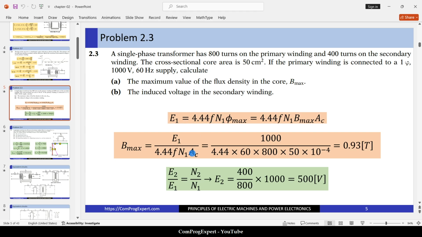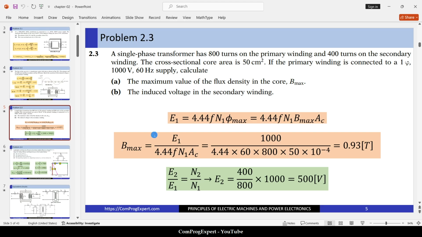We have the core cross section area, which is given here as 50 centimeter square. The value of E1 is 1 kilovolt. And finally, we can calculate the B max.